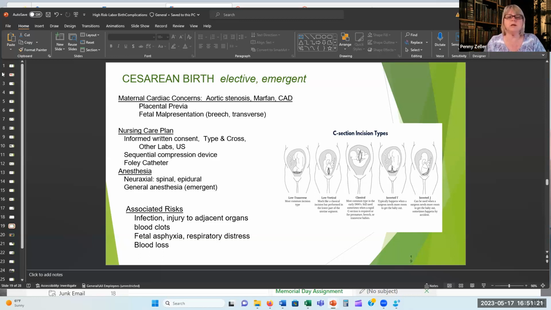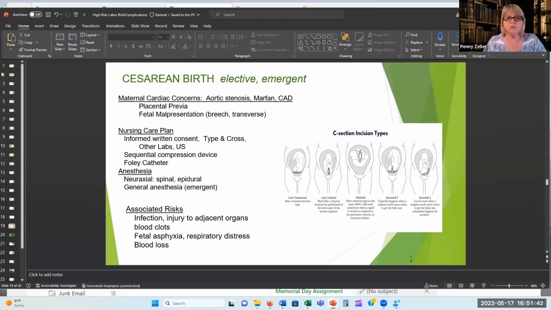And she's going to be sedated for a while, so we have to consider the risk to the baby. If we leave her alone with the baby when she's sedated, as a nurse, you would be liable if something happened to the baby. So we can't really leave her alone until she's fully alert.